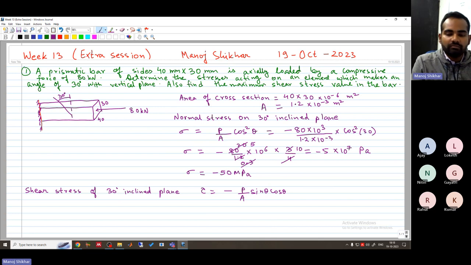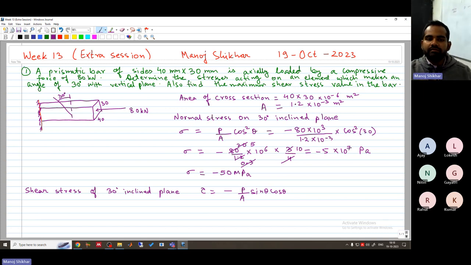So these formulas have been derived in the previous classes also. So if you go and see this stress transformation formula there, if you put the values of sigma 1, sigma 2, sigma 3 and whatever it is, you will come to this formula.